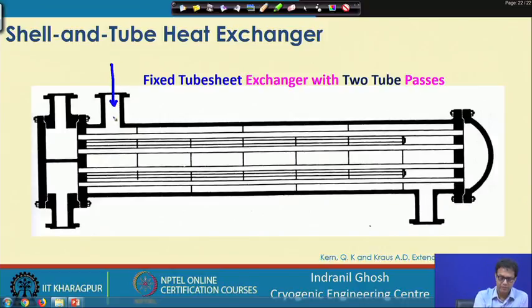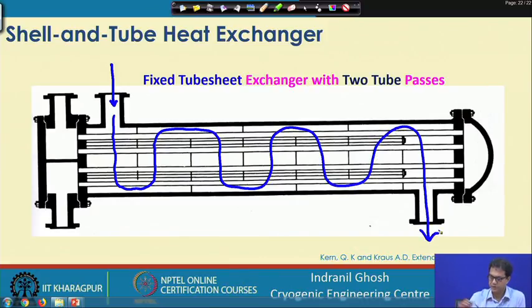The fluid will come like this, flow on top of the tubes, and then again come like this, and finally exit from this end. Here we have the baffles. These baffles do not allow continuous flow of the fluid along the tube length, so the flow follows a zigzag path and finally comes out.